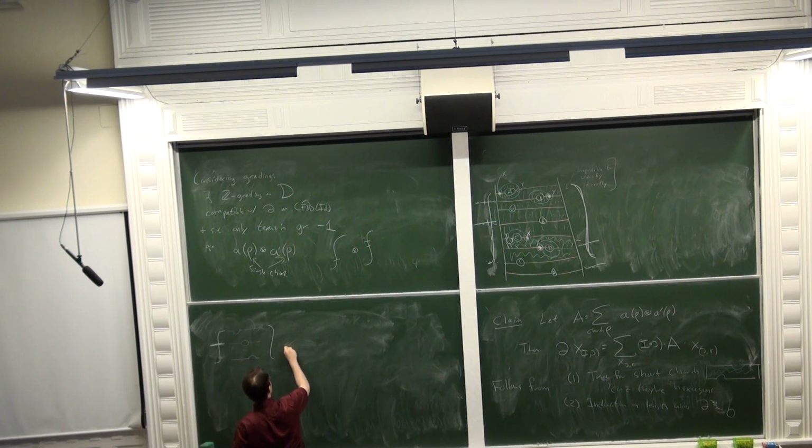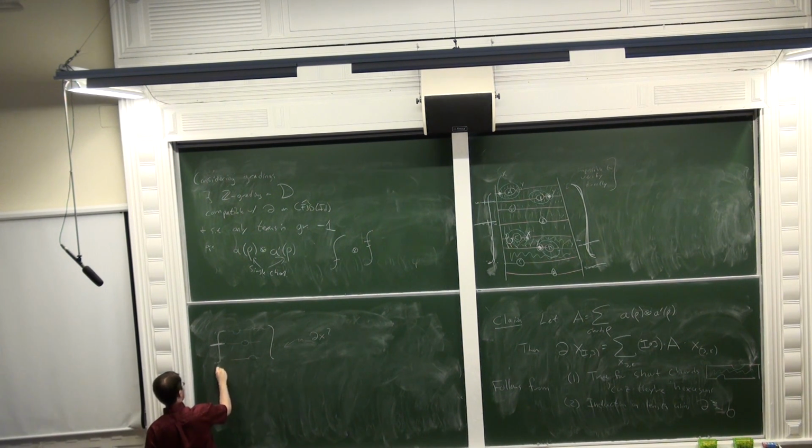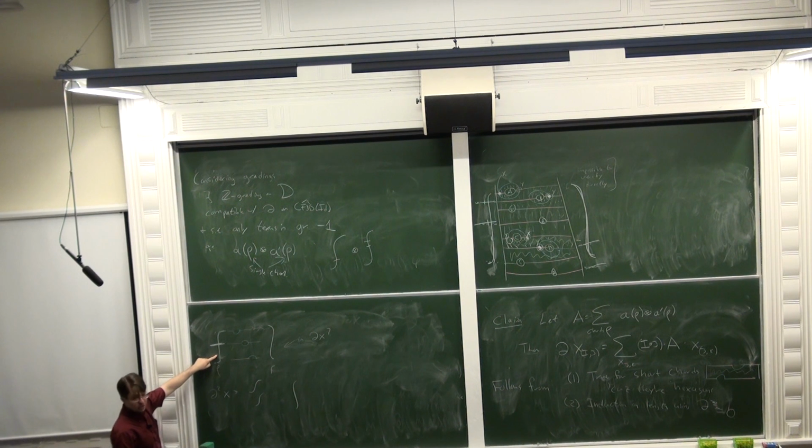So this is in d of x. Well, let's call this element rho. If so, then d squared x would contain this term, right? Because I can differentiate this algebra.